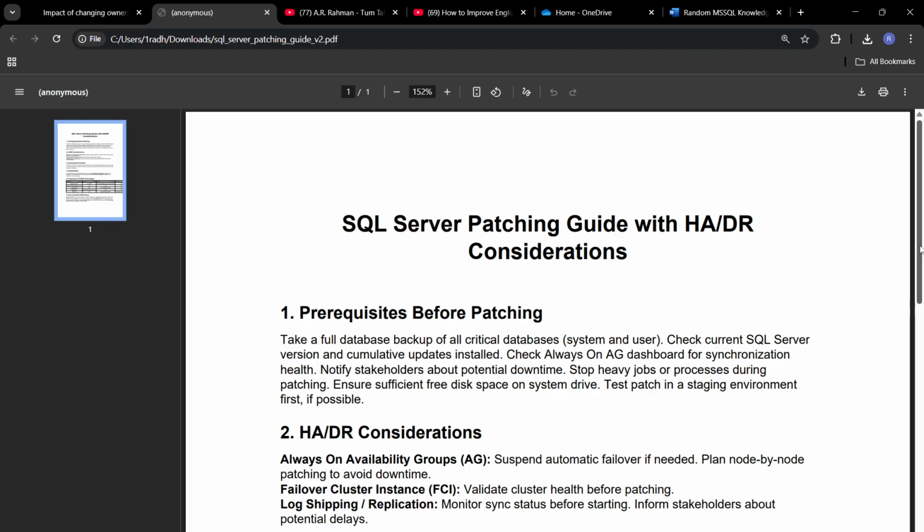Okay, so sometimes the question also arises that while patching, in which system database do the changes occur. So you should know that there are a total of six kinds of system databases. You can see only four system databases, that is master, MSDB, but there are two other databases also, that is resource and distribution databases.